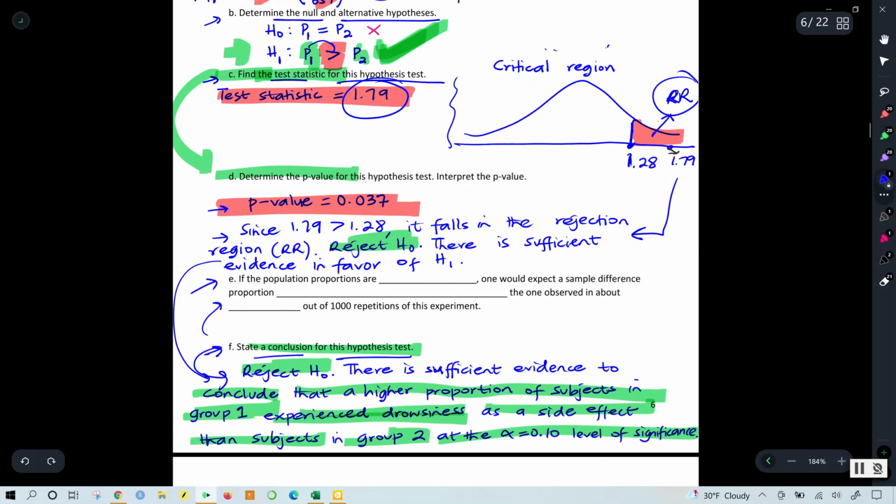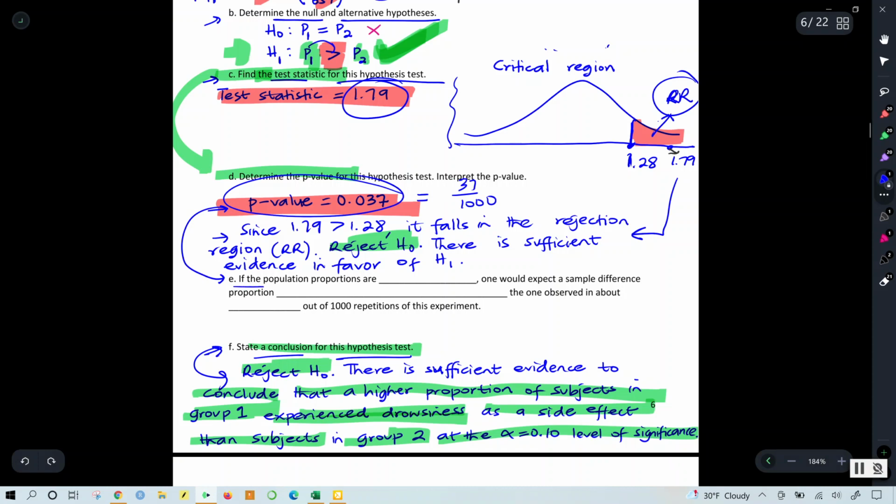Now, observe that we said earlier that the p-value is 0.037. What does this p-value mean? Let us interpret that in question E. Note that 0.037 is equivalent to 37 divided by 1,000.